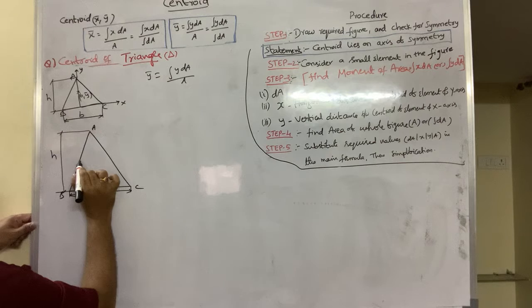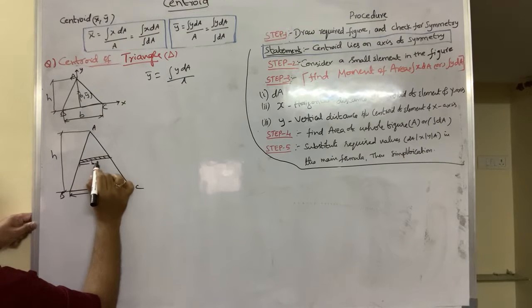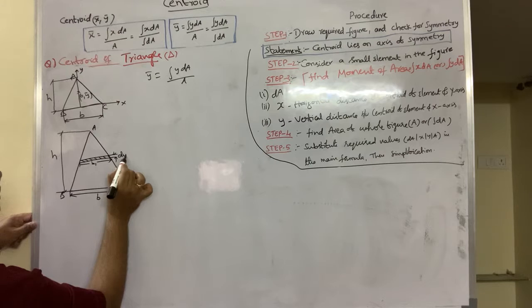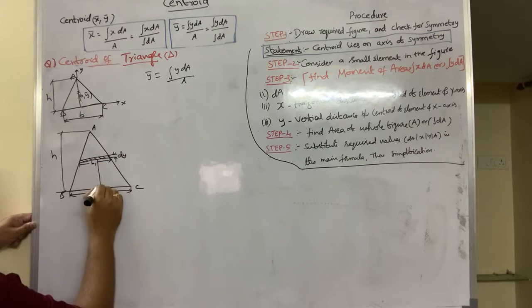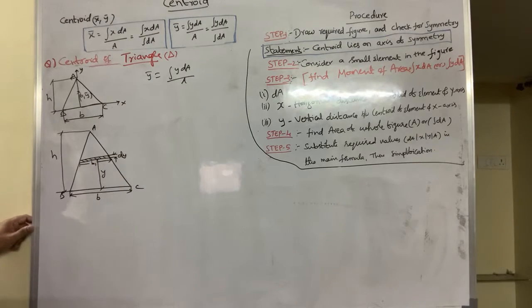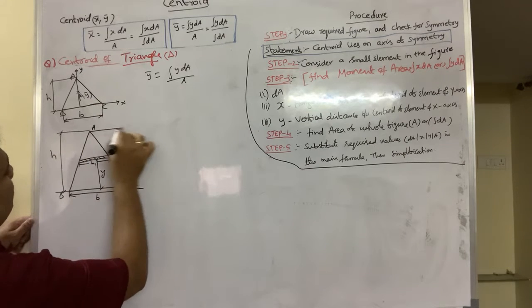Let me consider this small element with the base B1 and width, let us say dy, and this strip is at a height of y from the base. And what would be the remaining height?